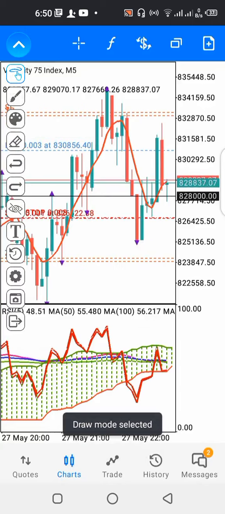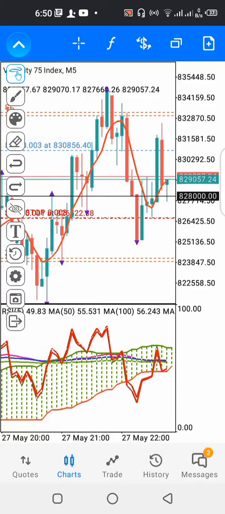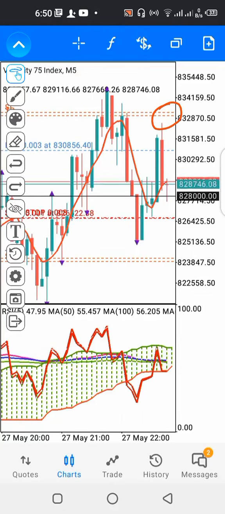See if price is triggering. Price has dropped instead of triggering the take profit and sell stop, closing out the two trades. You can see a resistance, price meeting resistance at this point.